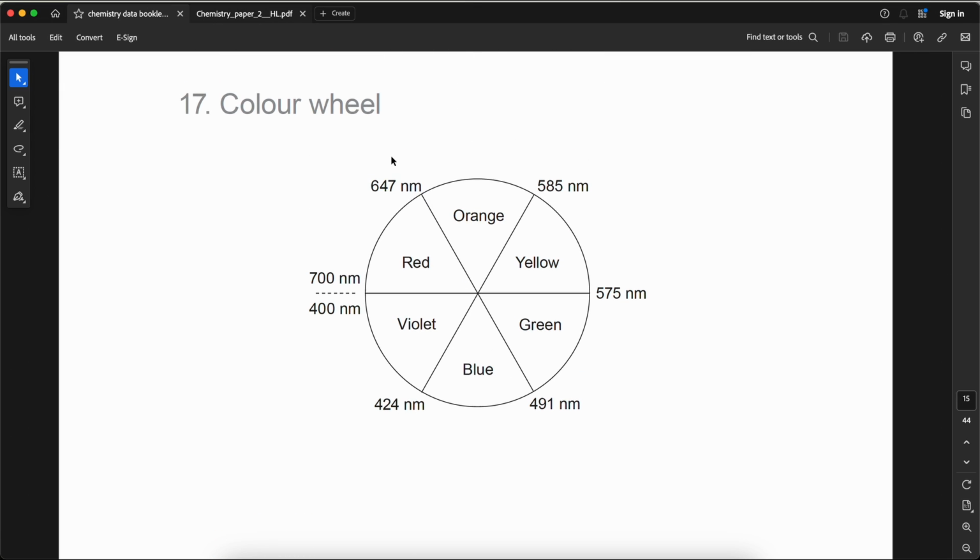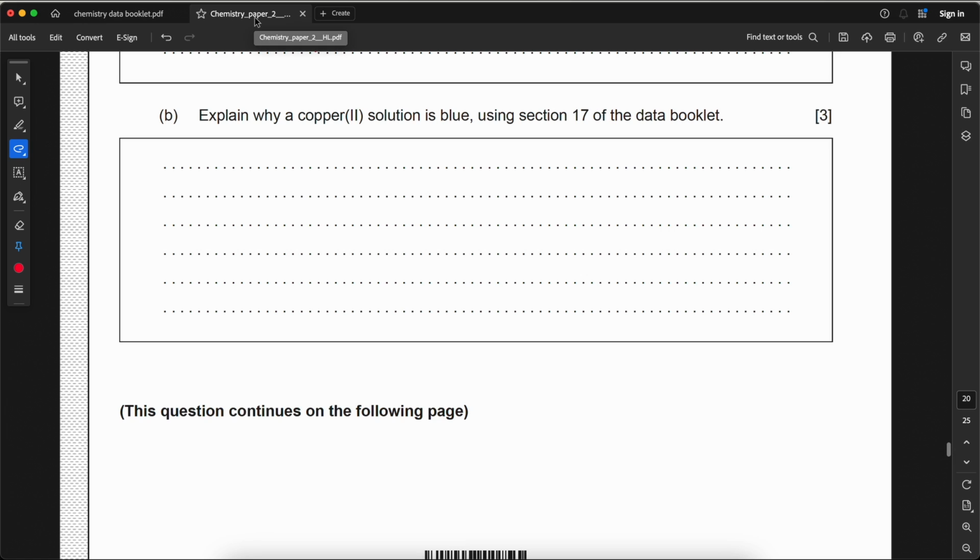The copper(II) solution is blue. It means orange color is absorbed. So orange light is absorbed, and the complementary light is observed, which is blue.